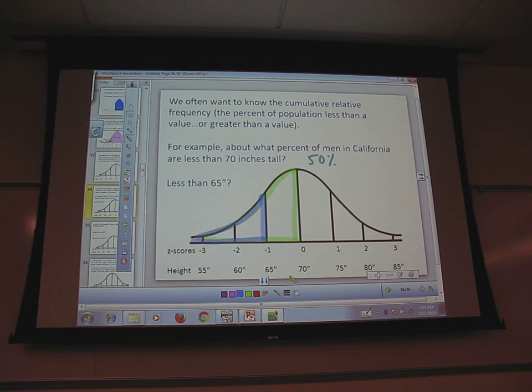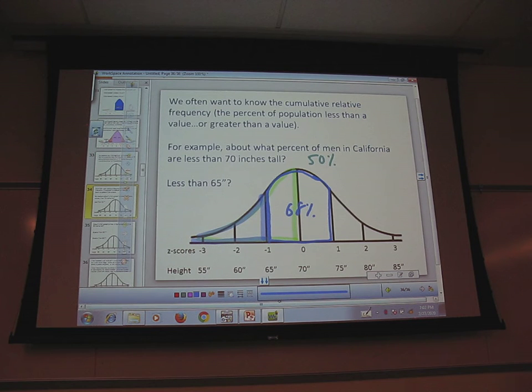What about that one there? It might help to think about this one. Find the inside first. If you find the inside, what's on the inside? 68. Yeah, this is one standard deviation, so it's 68%.